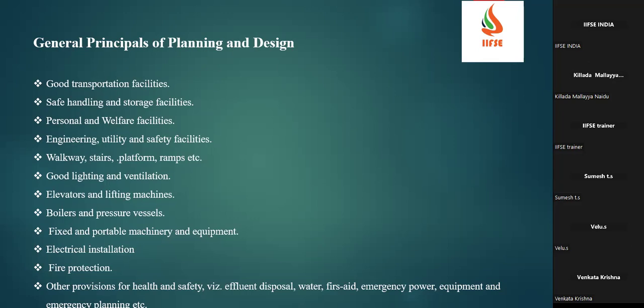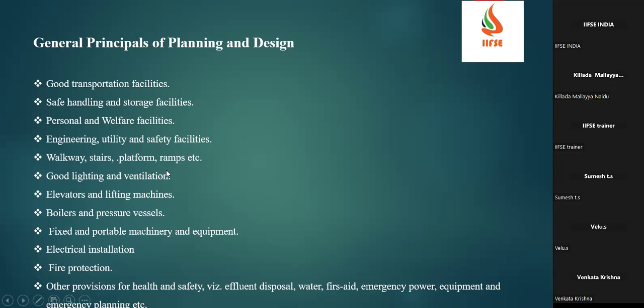Personal and welfare facilities, like drinking water, restrooms, rest areas, a sitting area, or spittoons. And engineering, utility and safety facilities, like water or other utilities, maybe the generator area, chillers, steam generation, boiler, electrical substations, etc.